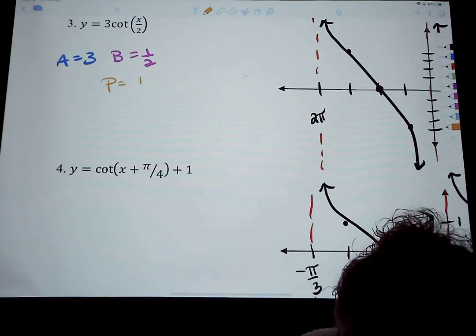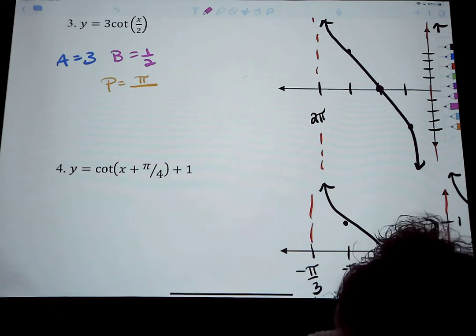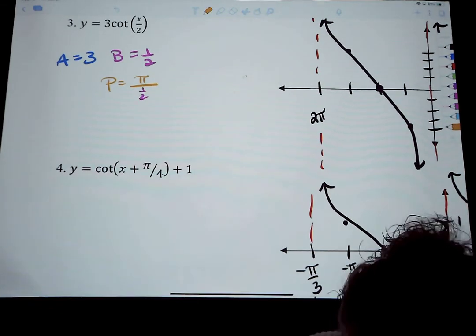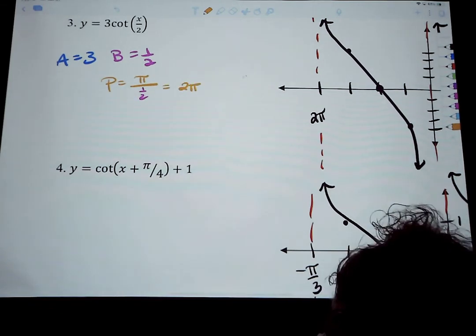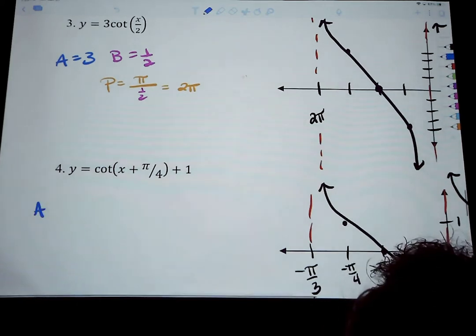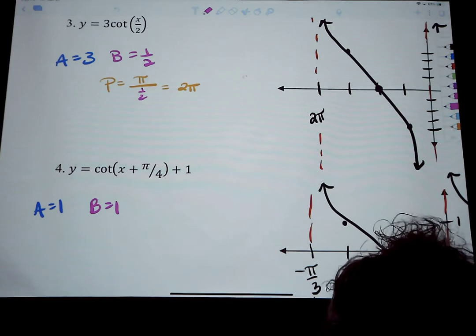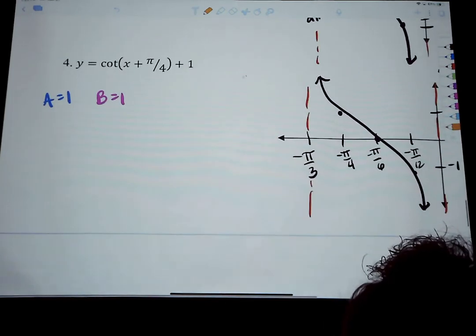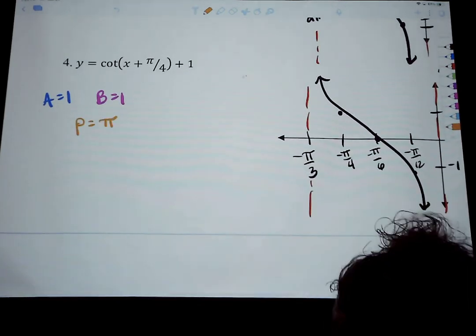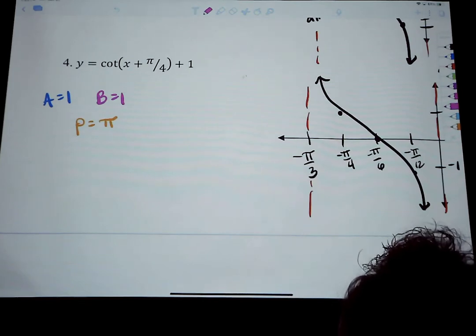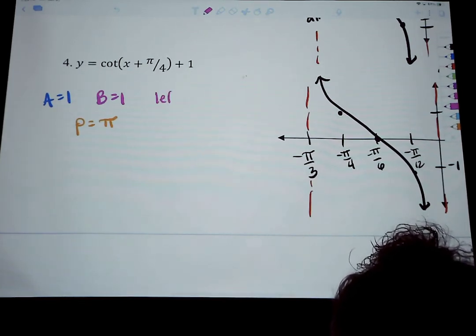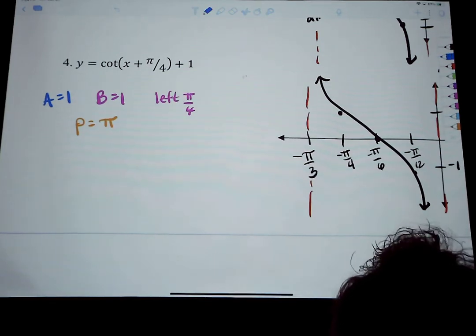Period is pi over 1/2, which equals 2 pi. And this one will be moved left pi over 4, and up 1.